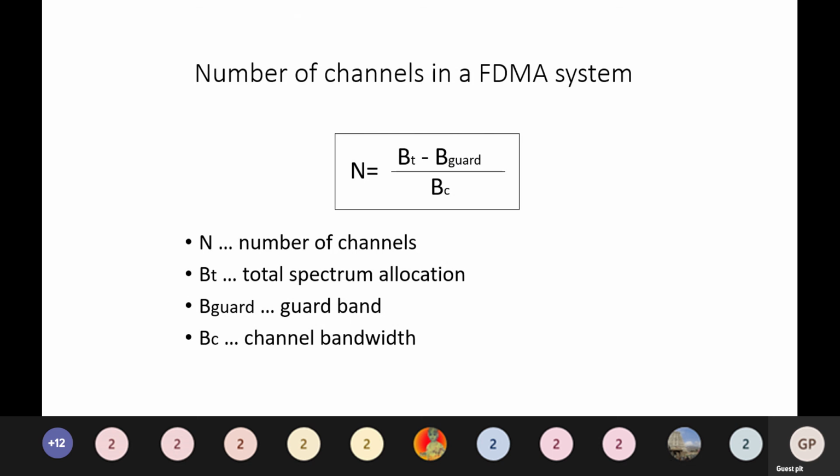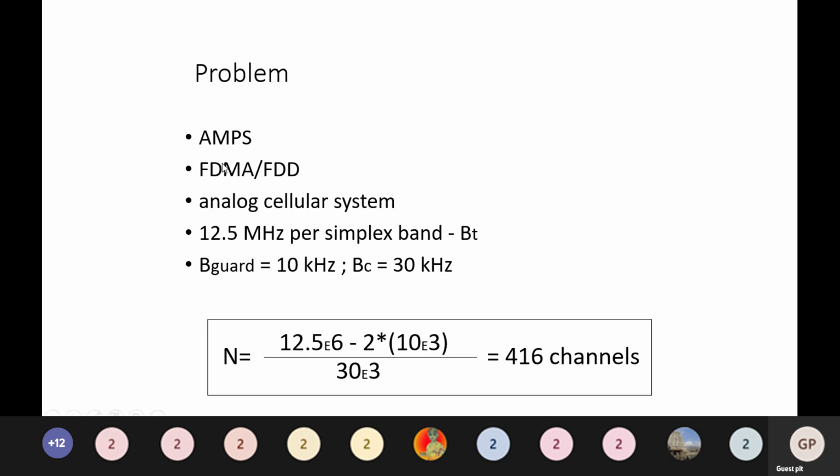Now consider a problem: an AMPS system with FDMA or FDD analog cellular system. 12.5 megahertz per simplex band is the total bandwidth. Guard bandwidth is 10 kilohertz, and B_C is equal to 30 kilohertz.